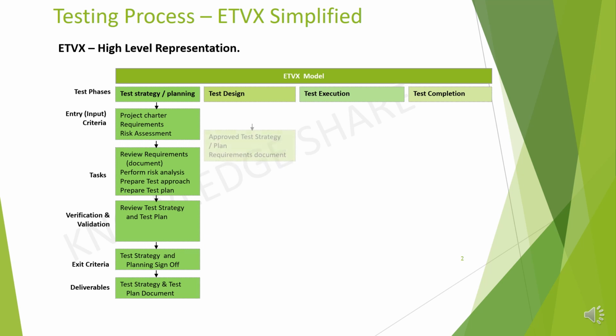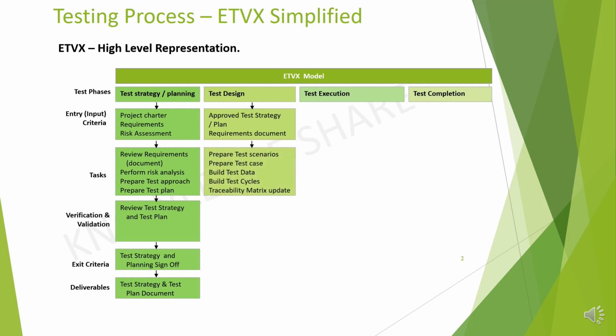Entry criteria for test design phase: availability of test strategy and plan document and completed requirement document. Under tasks, testing team need to prepare test scenarios, prepare test cases, build test data, build test cycles, and update traceability matrix.